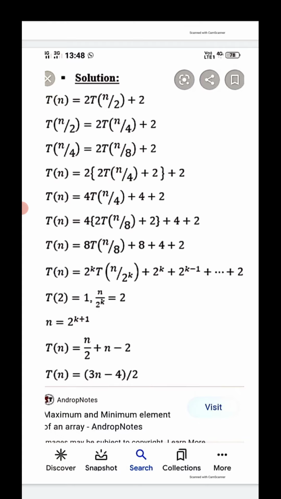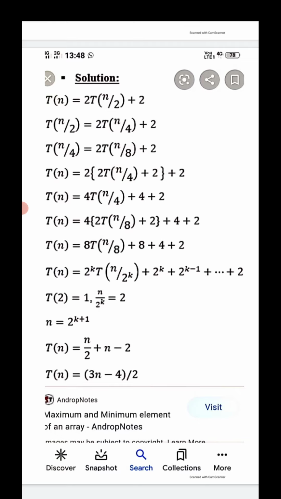Then in place of T of n by 4, we substitute 2T of n by 8 plus 2, and then T of n is equal to 8T of n by 8 plus 8 plus 4 plus 2.